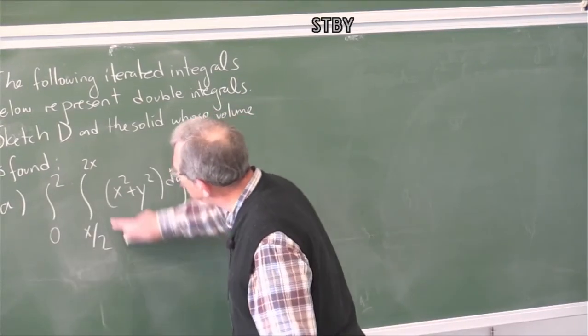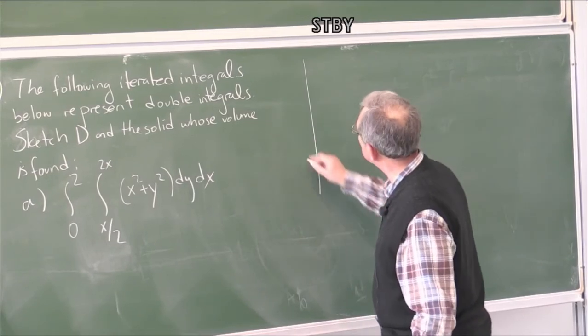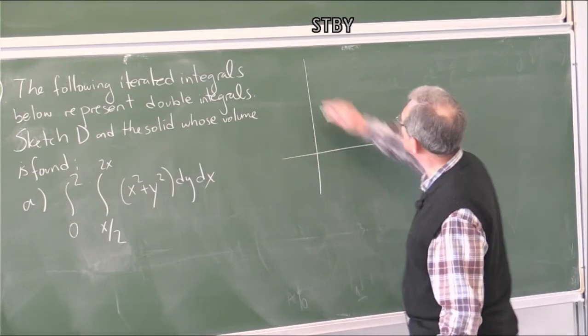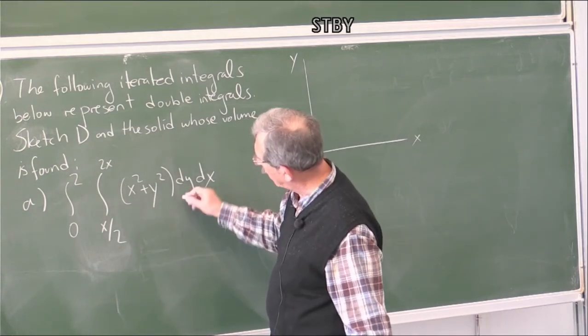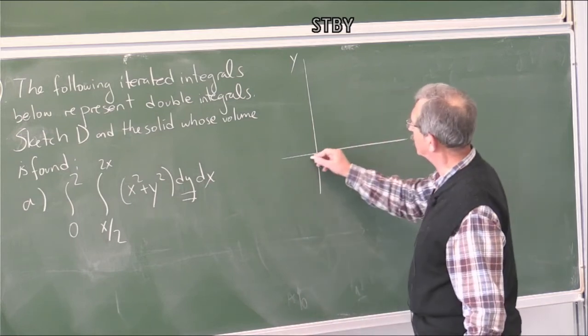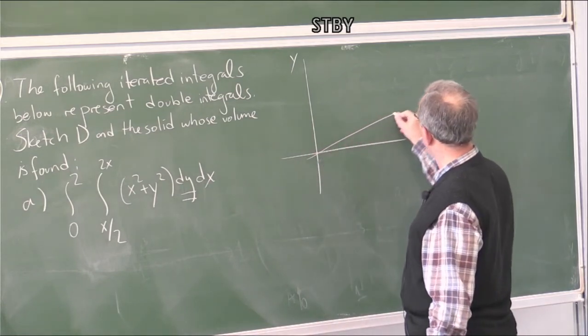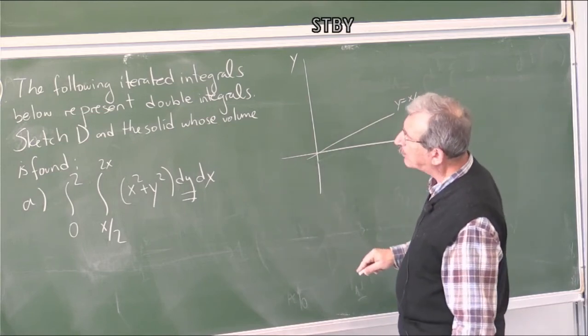Well, this iteration represents a D. So how would that look like in the xy system? Well, firstly, y, that's the first variable, changed from x over 2, which is something like this, up to 2x.